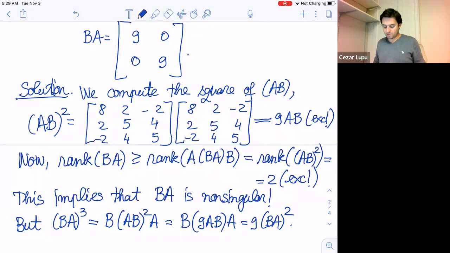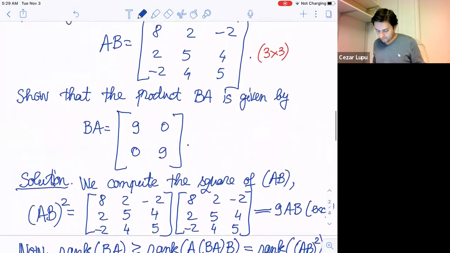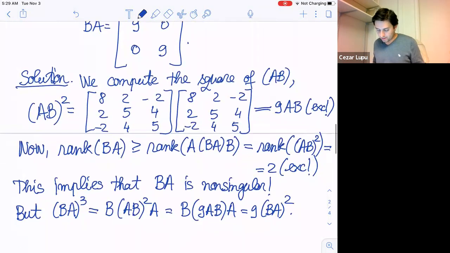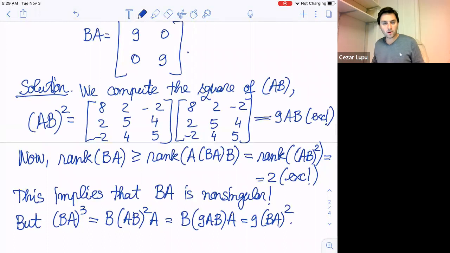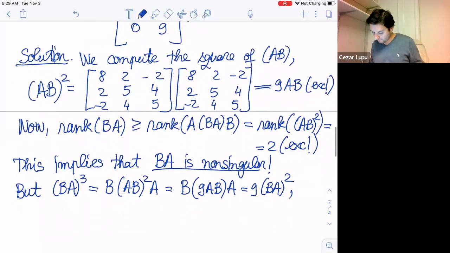Now it's quite clear that the result will follow immediately, right? Since BA cubed is 9 BA squared, and we know that this BA is not singular, you can just multiply. It will follow that BA is 9 times the identity.